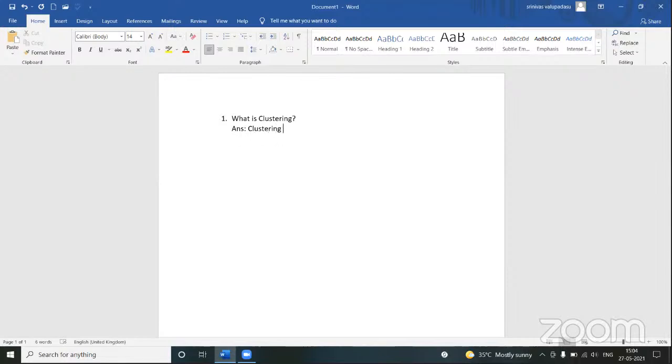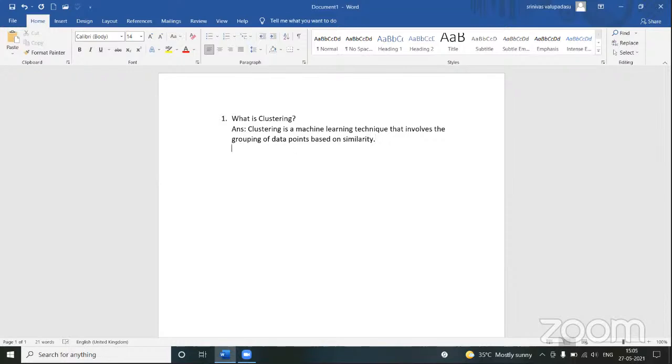So we can write: clustering is a machine learning technique that involves grouping of data points based on similarity.